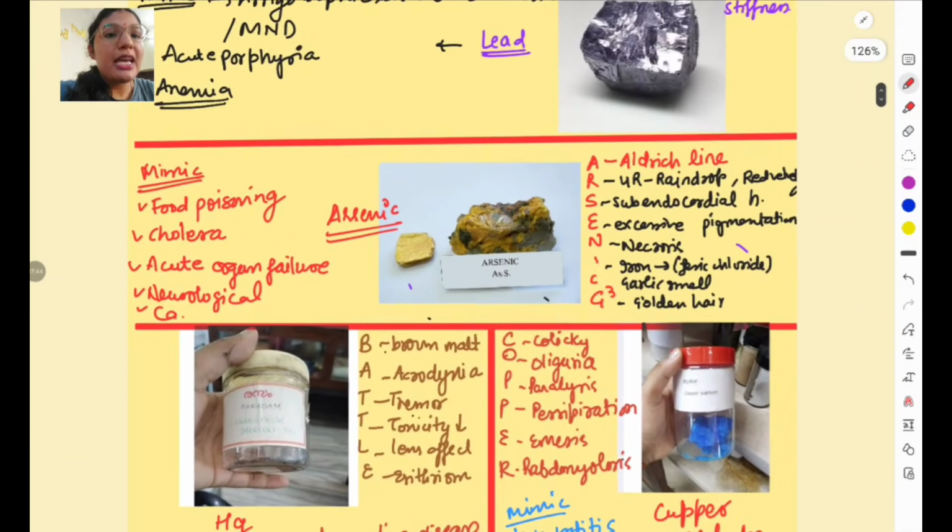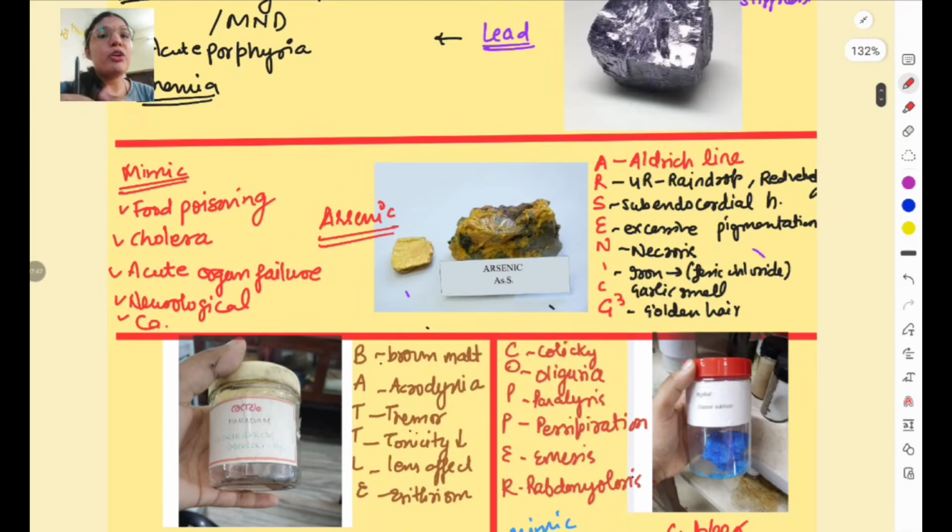Second is arsenic. It can mimic food poisoning because gastroenteritis complaints will be there, and it can mimic cholera because rice water stool is there. Acute organ failure and neurological symptoms can also come, or it can also mimic cancer symptoms. And the trick for remembering the clinical features is arsenic itself, arsenic G cube.